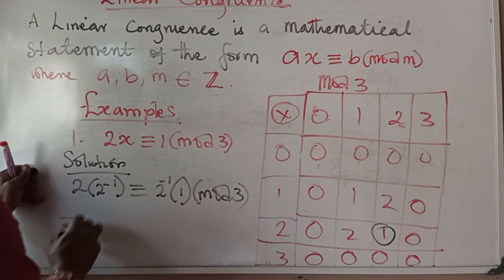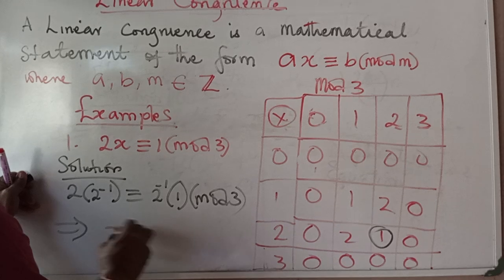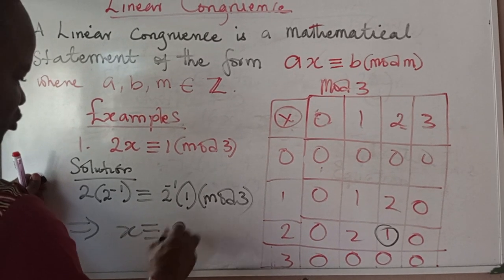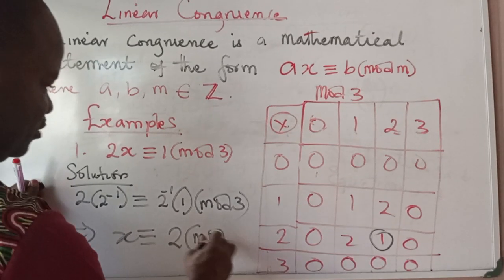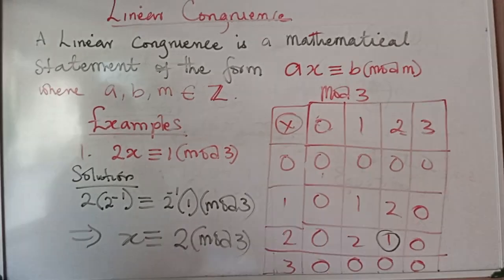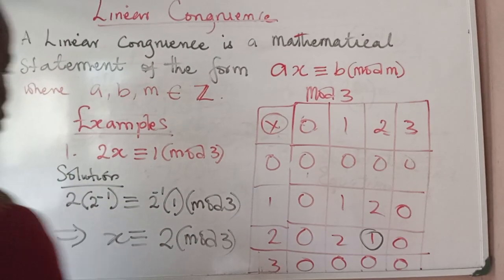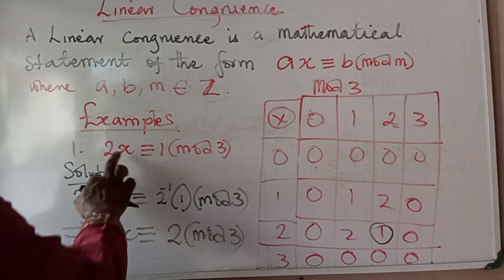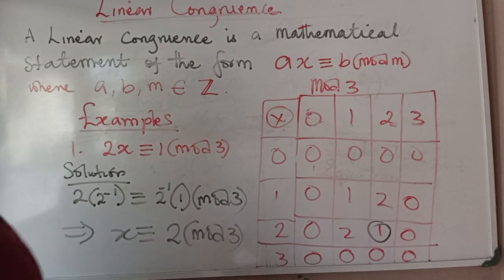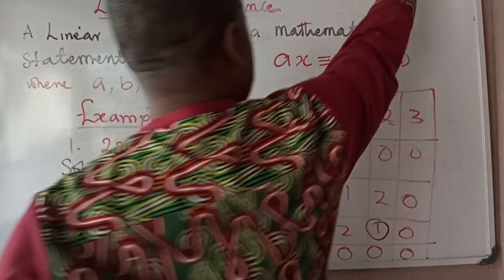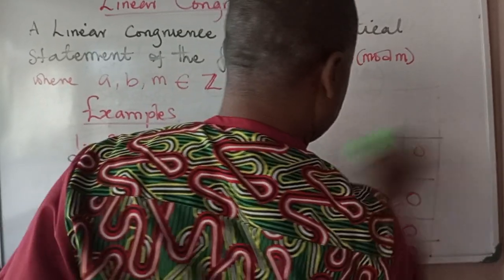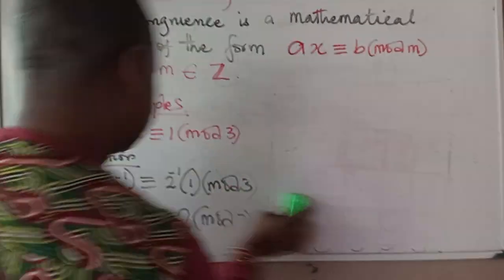So automatically what we mean is that x is congruent to 2 mod 3, because the inverse of 2 in this case is also 2. And the solution is that the x we have here is congruent to 2 mod 3. And that becomes our solution for this type of question.